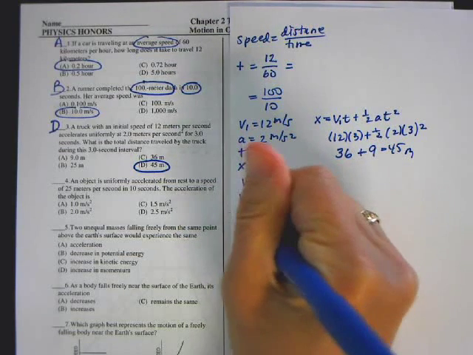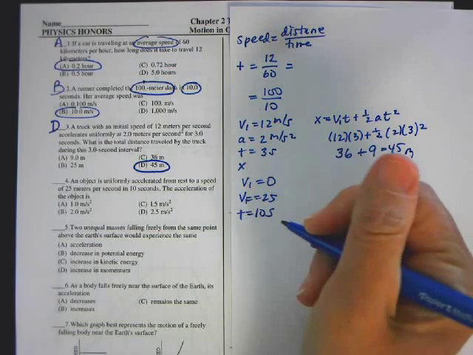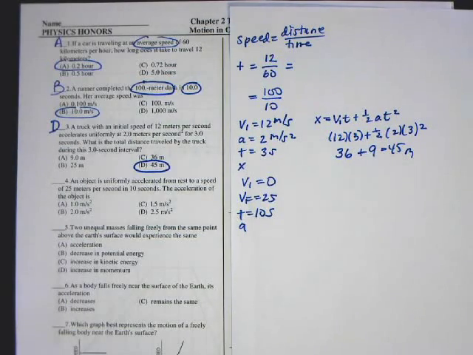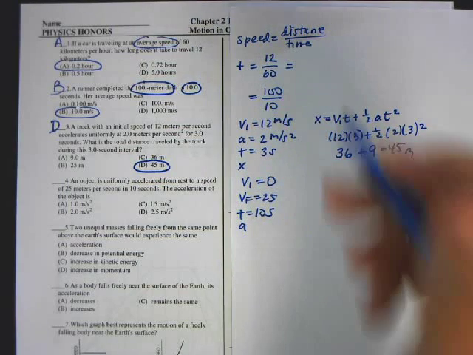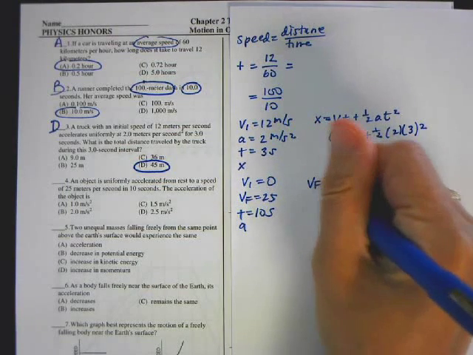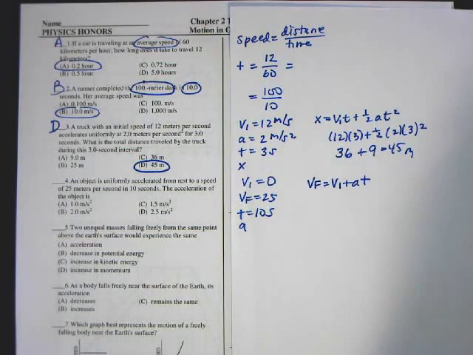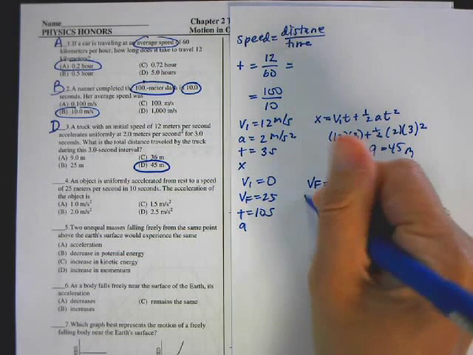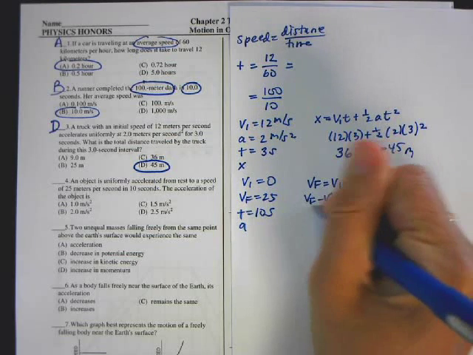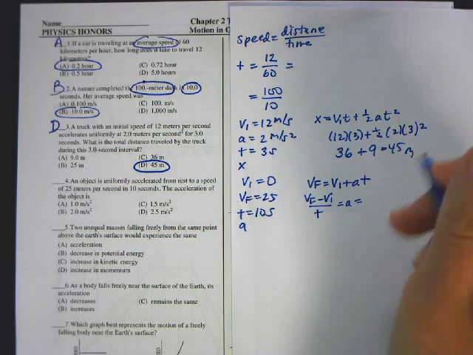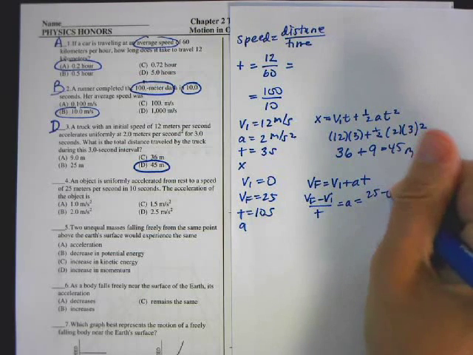VF is equal to VI plus AT. I always rearrange the equation to solve for the unknown in terms of the known. So VF minus VI over T is equal to A. So it's going to be 25 minus 0 over 10. Again, 25 divided by 10, I can do that in my head, is 2.5. Don't even need a calculator.